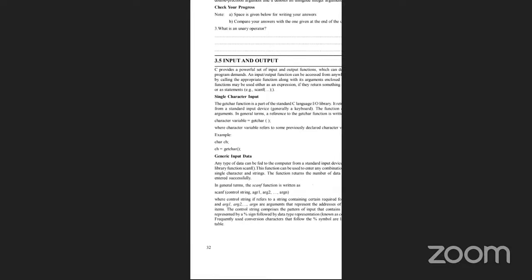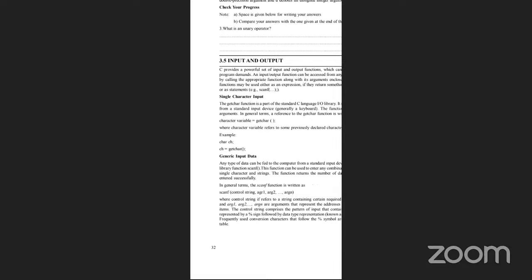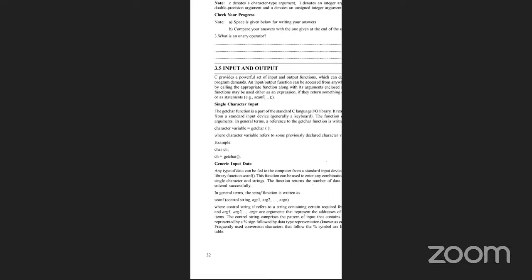So these are the single character input that I wrote here. It contains detailed information about arg1, arg2. We can use the percentage symbol.